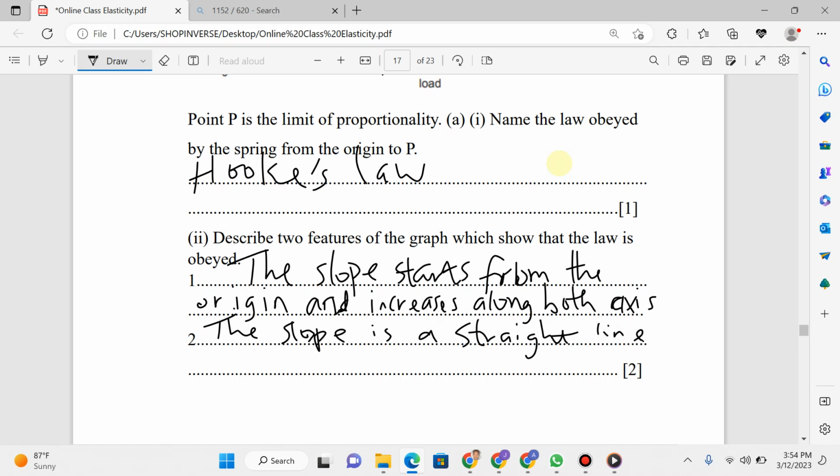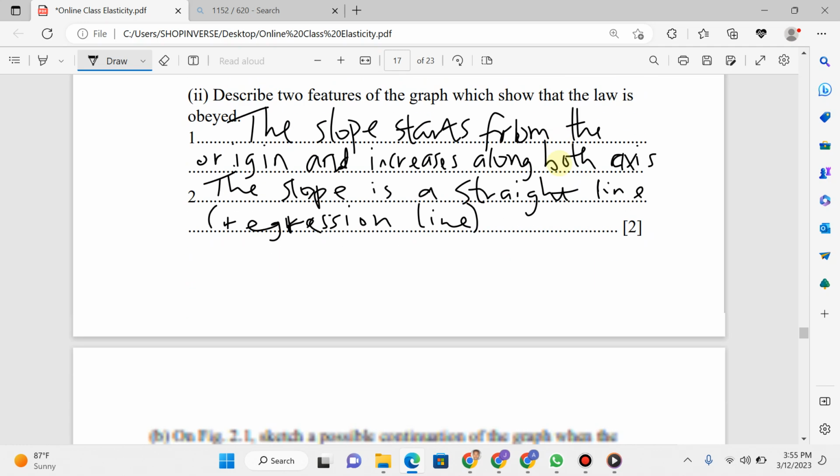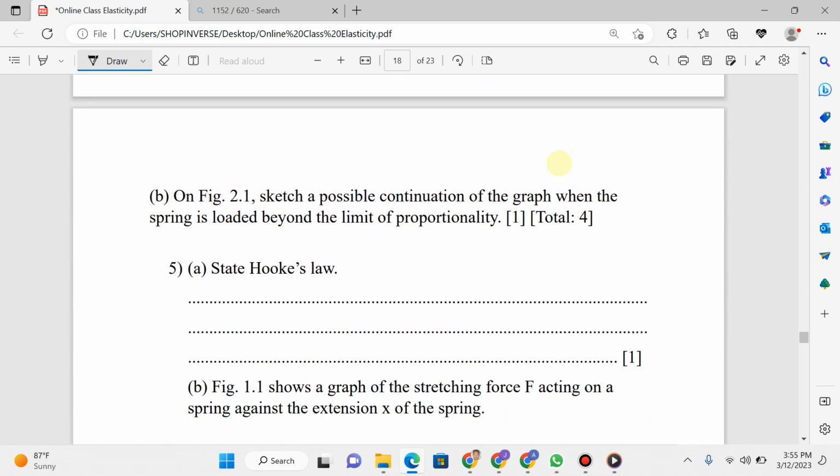You can call it a straight regression line, or you just put a straight line here. You may decide to put regression in brackets, your choice, but the regression line is not necessary. Once you just say a straight line or a straight slope, it shows that Hooke's law is still being obeyed.